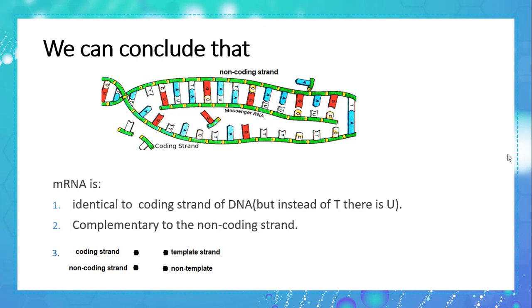And number 3, if we are to match the terms, we notice that the coding strand is the strand that the mRNA is identical to. And based on previous information, the messenger RNA was identical to the non-template strand. So the coding strand should be matched to the non-template strand. However, the non-coding strand is complementary to the mRNA, which was complementary to the template strand. So the non-coding strand should be matched to the template strand.